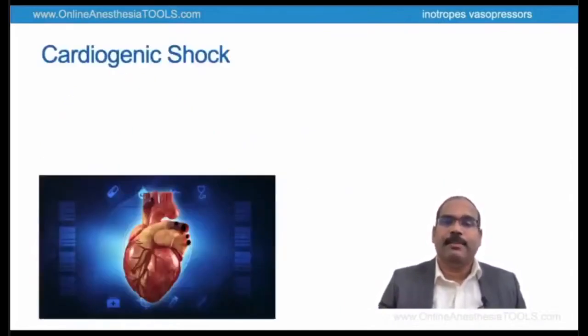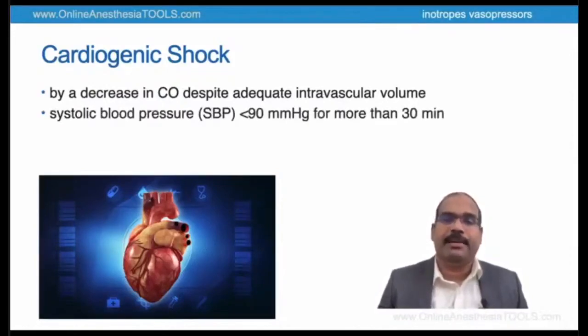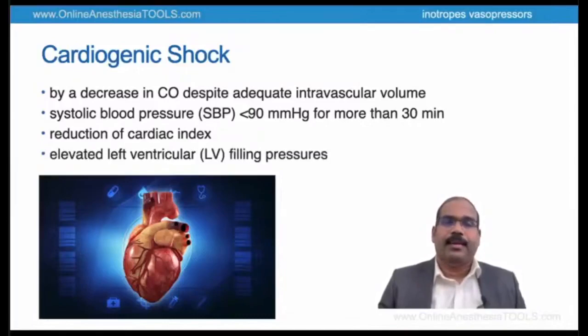Cardiogenic shock is a state of impaired end organ perfusion caused by a decrease in cardiac output despite adequate intravascular volume, and is usually associated with the following hemodynamic characteristics: systolic blood pressure less than 90 millimeters of mercury for more than 30 minutes in the absence of inotropic or vasopressor support, a reduction in the cardiac index to less than 1.8 liter per minute per meter square without support and less than 2.2 liter per minute per meter square with support, and elevated left ventricular filling pressures, or pulmonary capillary wedge pressure going above 18 millimeters of mercury.